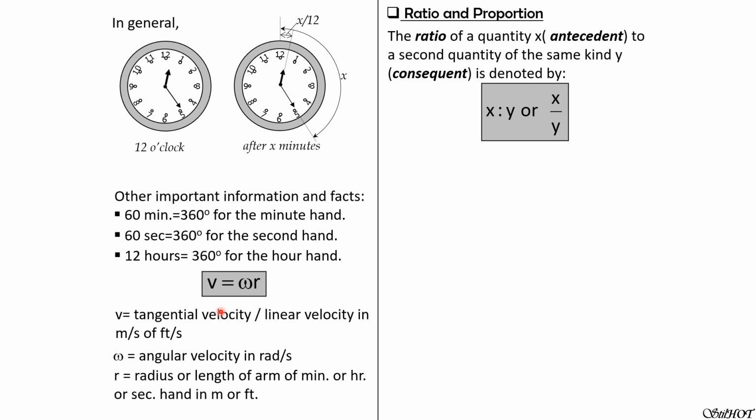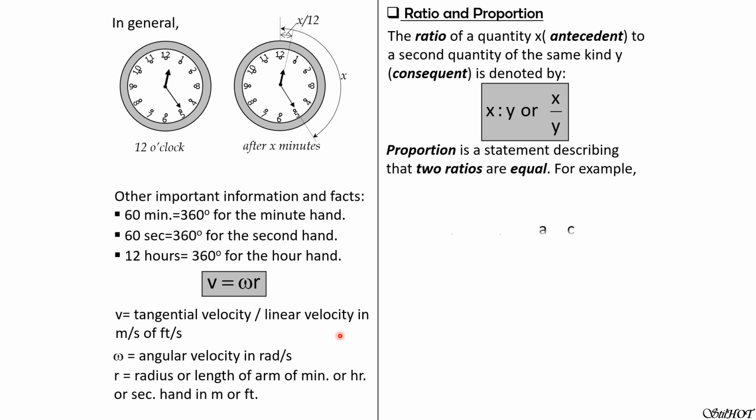Proportion, on the other hand, is a statement describing that two ratios are equal. So for example, A : B or A as to B equals C : D. And we can also write that in this manner, A over B equals C over D.